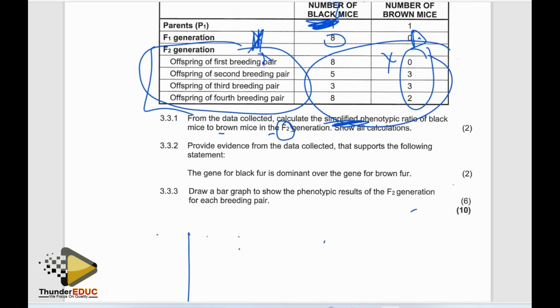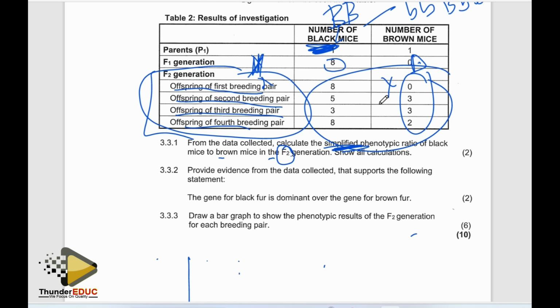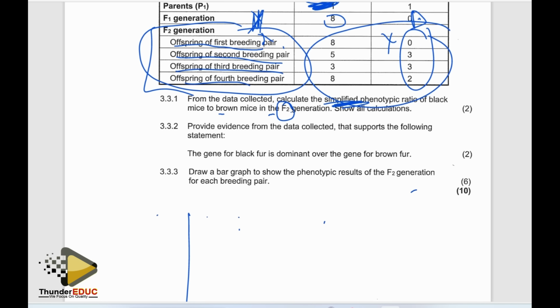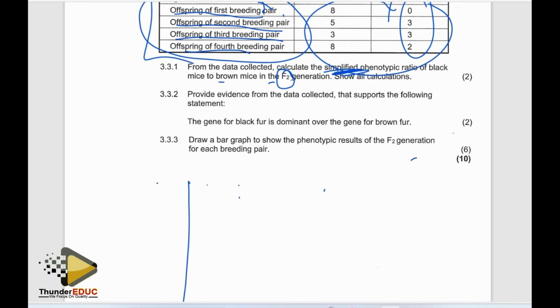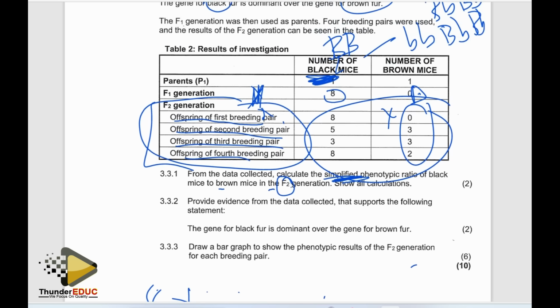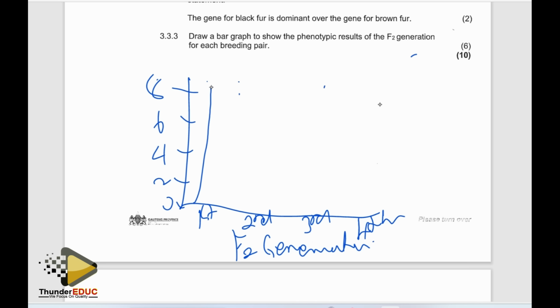So I'm going to bring this F2 generation here, and then I'm gonna put these things in different sections. I'm gonna use first, second, third, fourth pair. You have to write them in full, or you use a key. Here you have to write, the highest is 8. Maybe you say 0, 2, 4, 6, 8. Now we start to plot. The first one is 8, the second one is 0, so nothing you put.